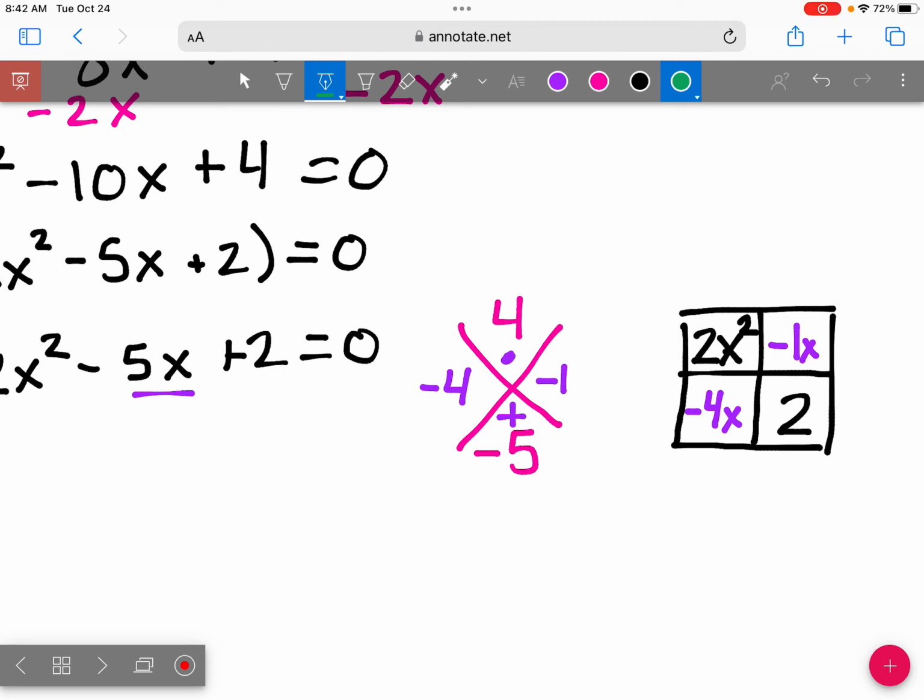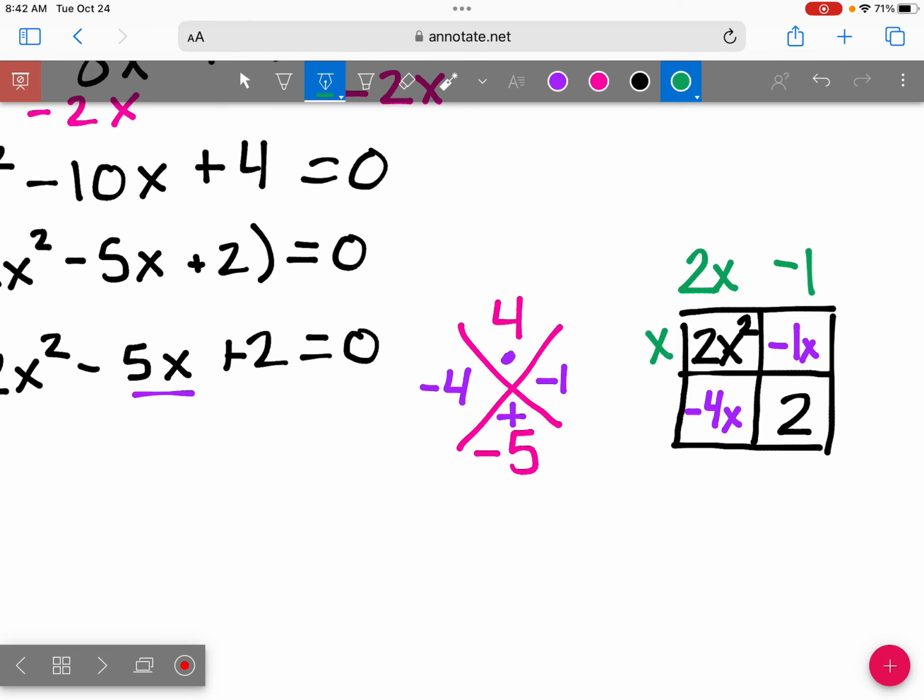So what is shared, for me it's my first column, between 2x squared and minus 4x? 2 and x. What is shared between minus 1x and 2? Negative 1. It's always going to have the same sign as this box. We just got to be really careful about what's shared between them. All right, what's shared between 2x squared and minus 1x, my top row?